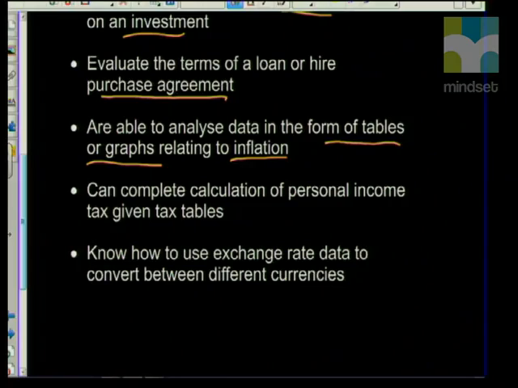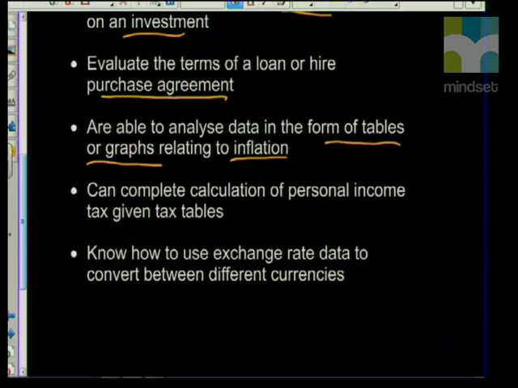Now, we need to understand that sometimes it might be 5%, and then the inflation rate might decrease. It might be 4%. It still means that the price of the goods is going up even though the rate of inflation is decreasing.